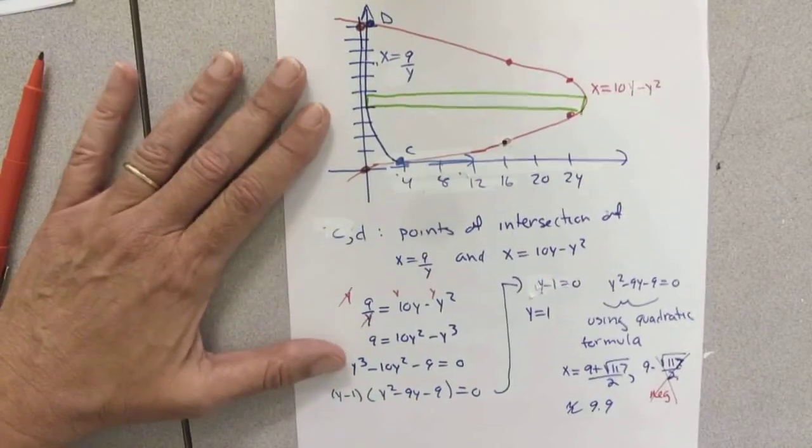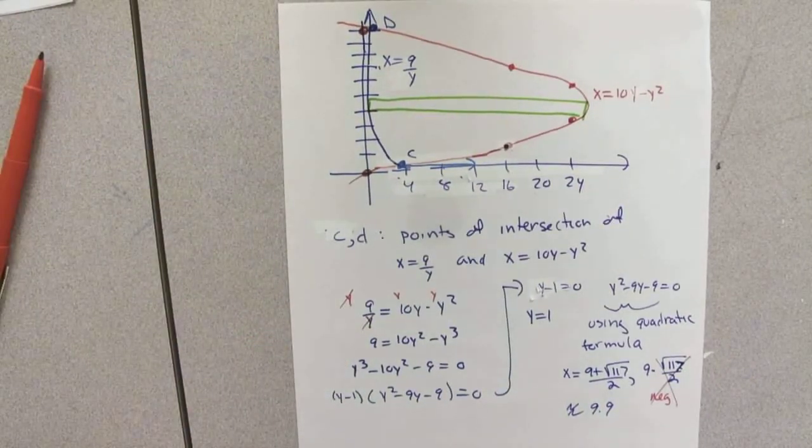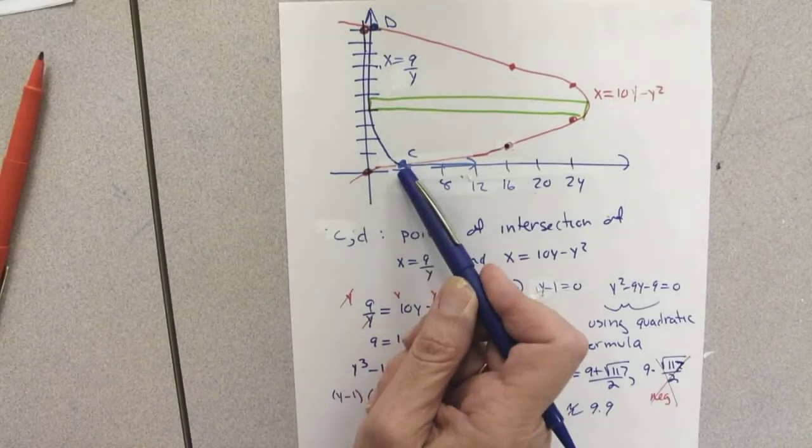Now, like I said, not allowed to guess from your graph, and here's a perfect example of why you're not allowed to guess from my graph. My graph is not terribly accurate here, but it is not so far off that I wouldn't believe these values. So I get y equals 1.